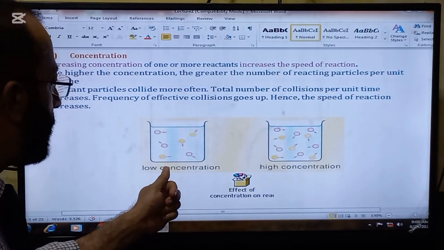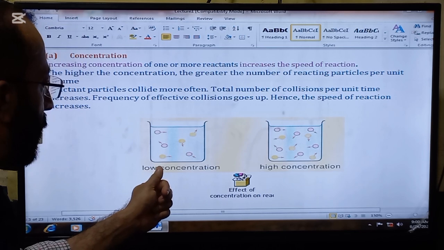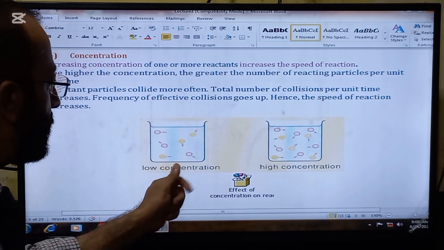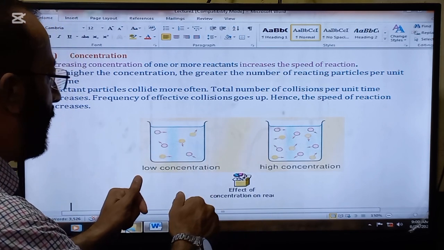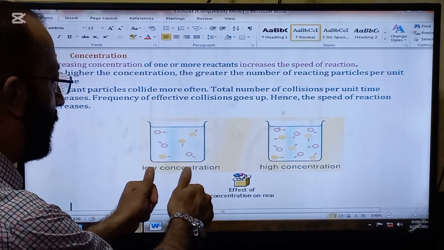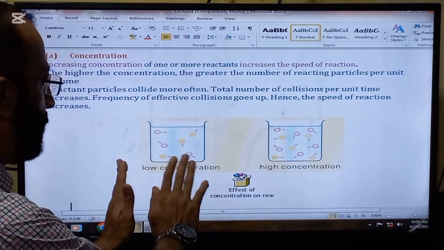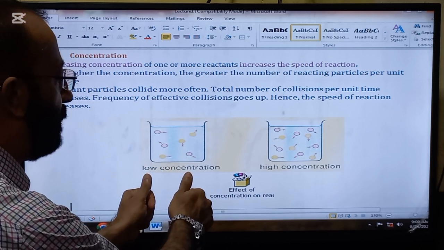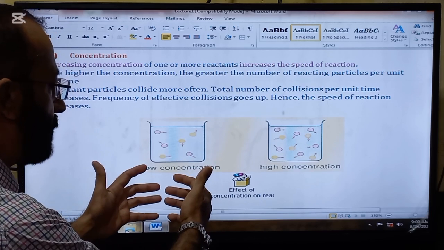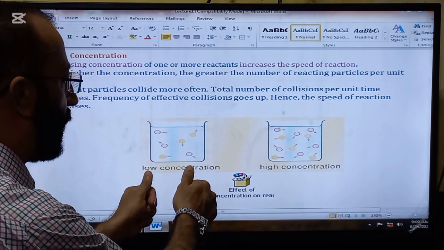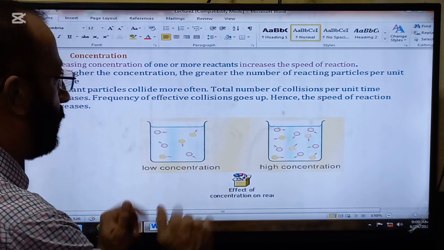And in this container, there are fewer reactant particles. They are far apart from each other, so there is less chance of their collision. So this reaction will be slow, because the number of successful collisions will be even less out of the number of collisions.